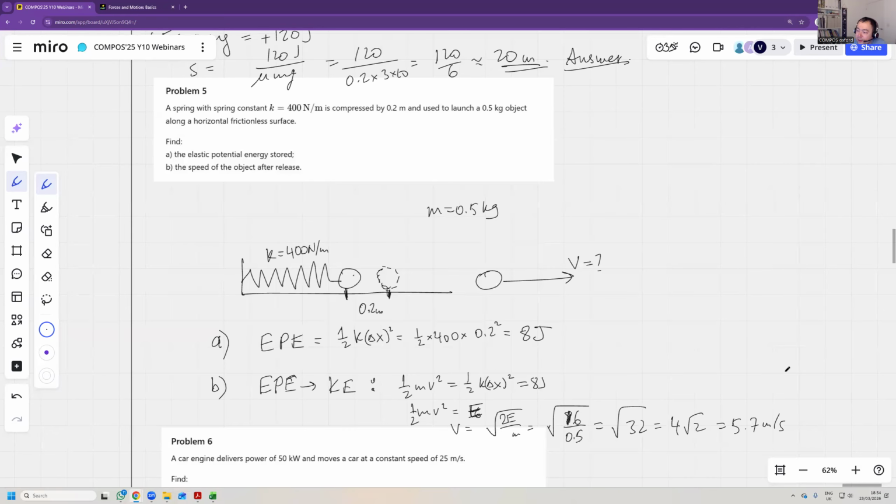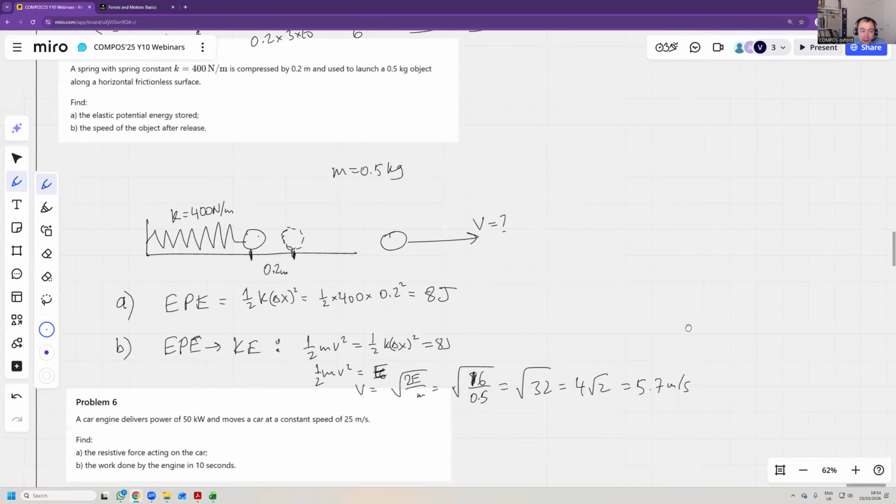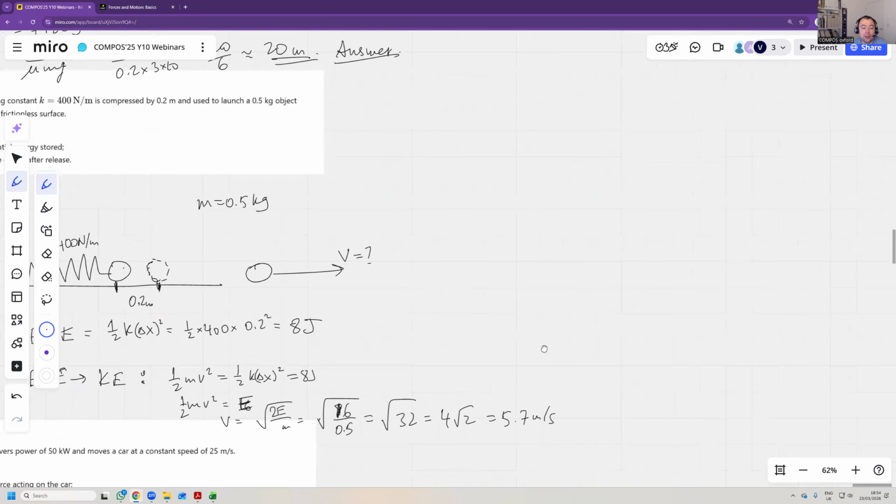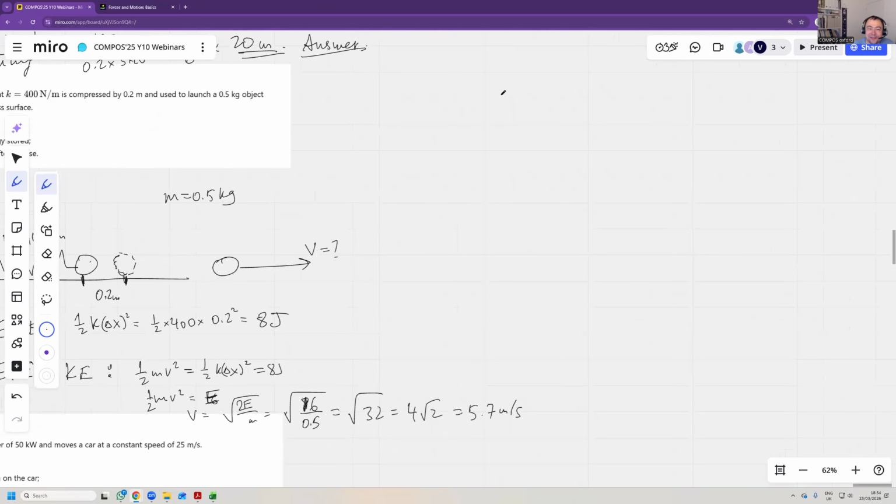Why is elastic potential energy 1/2 K delta x squared? I've covered that in one of my previous webinars, but if you compress a spring, if you apply a force F, then the force is Kx.